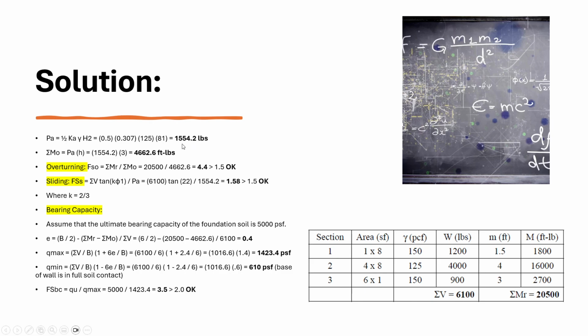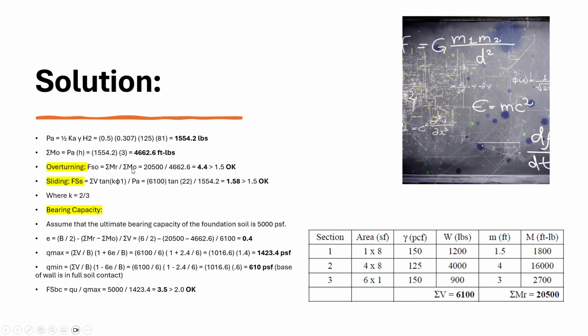So here you calculate the earth pressure times the height, that is the arm. Your arm will be 3 for this scenario, and the answer is 4662.6 foot-pounds. And if you want to do the calculation for overturning, the overturning calculations.